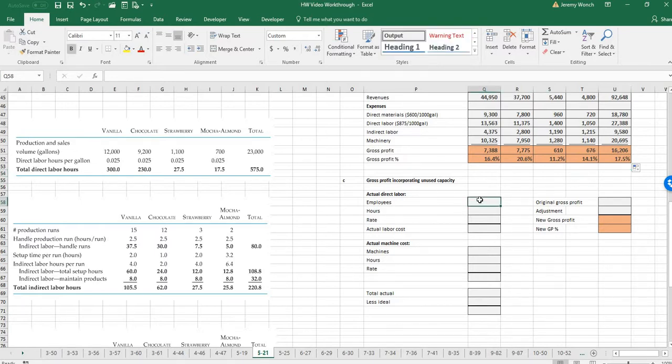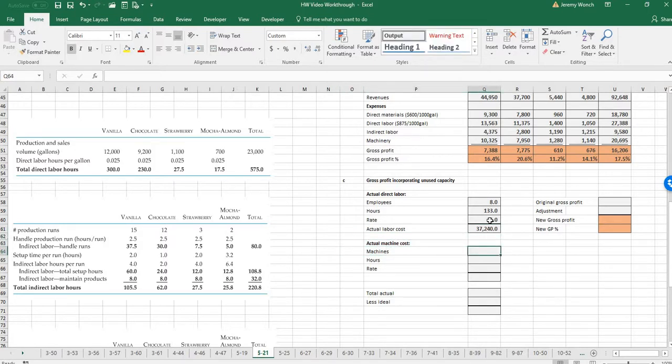And so it tells us in the problem that there's 8 employees, and their productive hours are 133 per month, and they have a rate of $35 an hour. So 8 employees for 133 hours at $35 an hour is going to be an actual labor cost of $37,000.